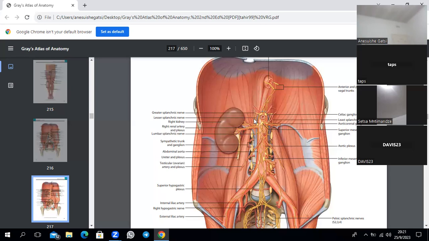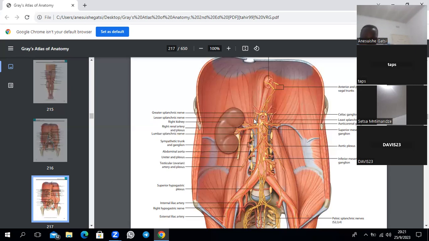Medial, there is the obturator nerve as well as the lumbosacral trunk. Then anterior, there is the genitofemoral nerve. Okay, thanks.